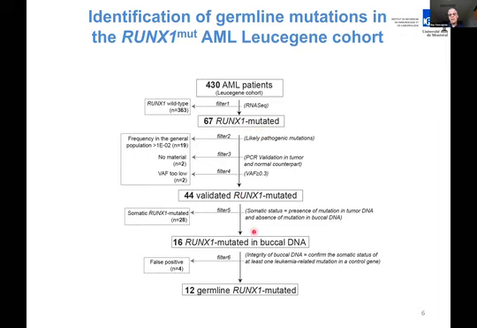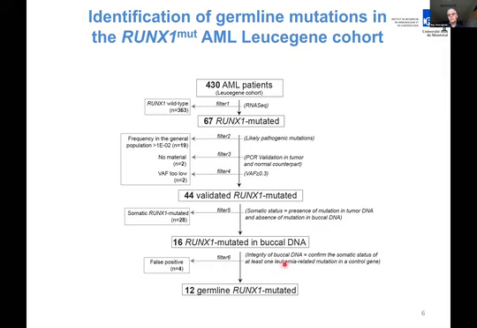And then by applying specific filters for the presence of mutation in tumor DNA and the absence of mutation in buccal DNA, she identified 16 patients that have mutated RUNX in buccal DNA. And then through an additional filter was able to filter out 4 of them to really make sure that when she was calling a germline mutation, it was really a germline mutation.